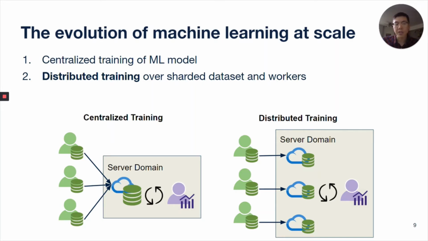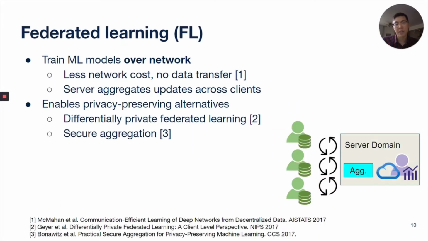The next evolution of this system, as requirements have continued to evolve, is federated learning, a technique developed by Google in 2017. In federated learning, rather than sending data and collecting it over the network, the machine learning process itself is performed over the network. There is no need to transfer data to the server's domain, and this greatly reduces the cost on the network.